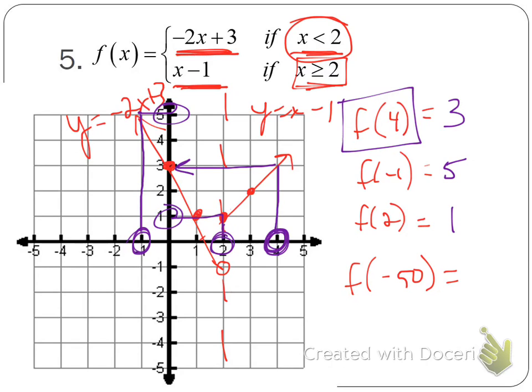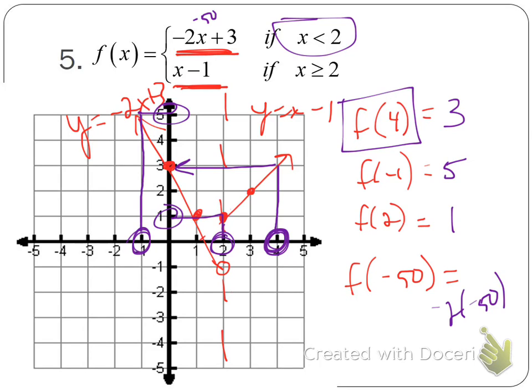Since negative 50 is definitely less than 2, we want to use this part. I want to take negative 50 and plug it in for that x.